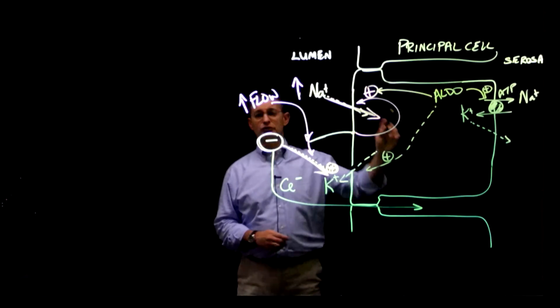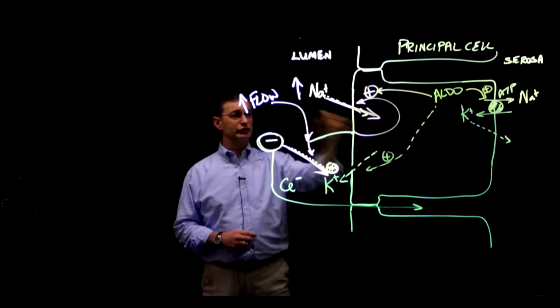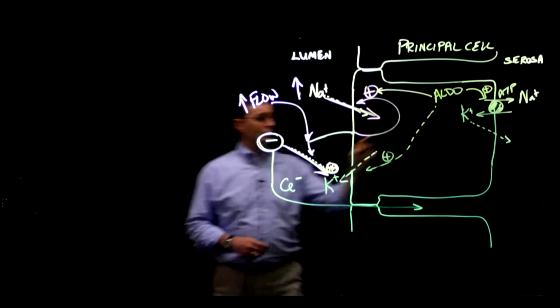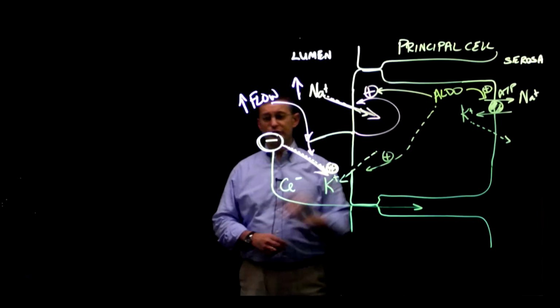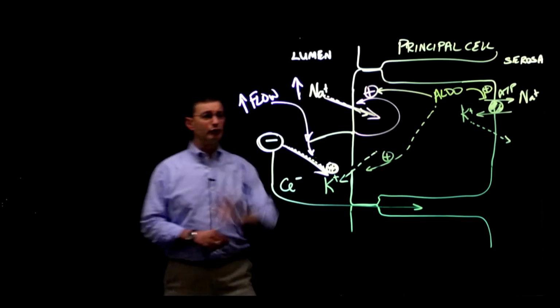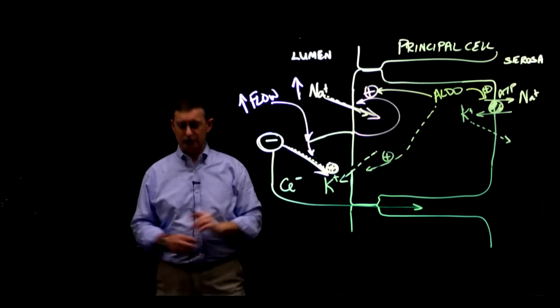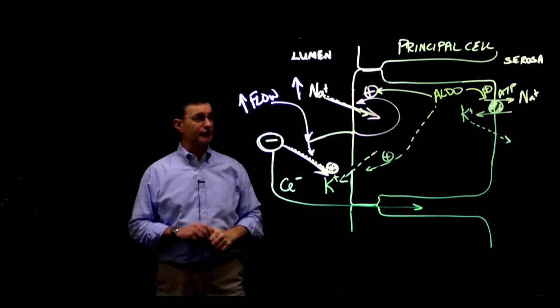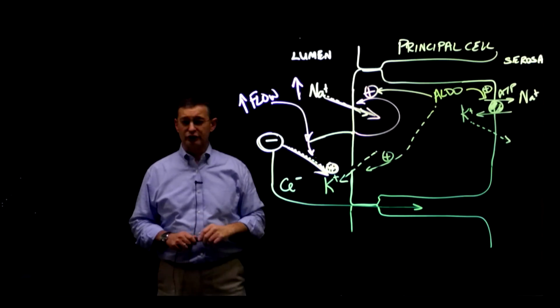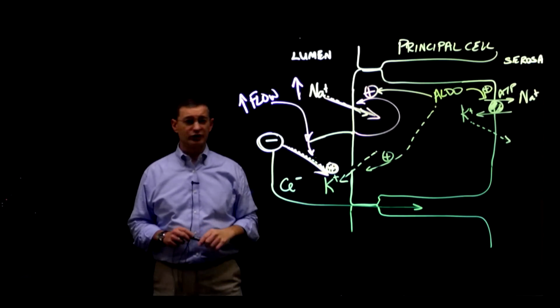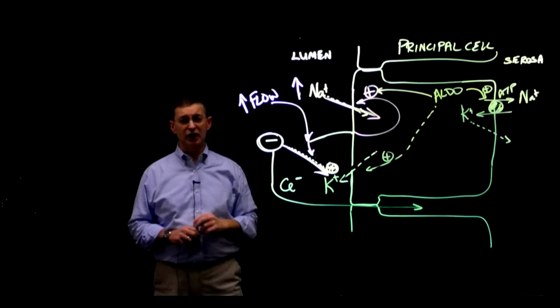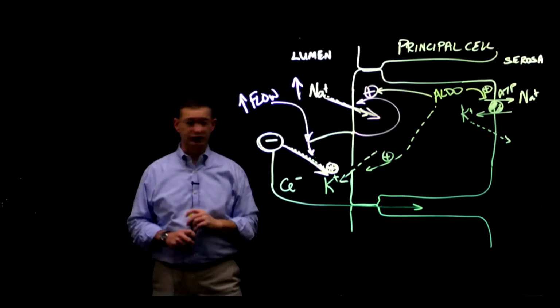So aldosterone will stimulate this cell to reabsorb sodium and secrete potassium as well, independently of flow. The diuretics that are going to impact on this at the level of the collecting duct are known as the K-sparing diuretics. They're the only diuretics that will not cause hypokalemia.